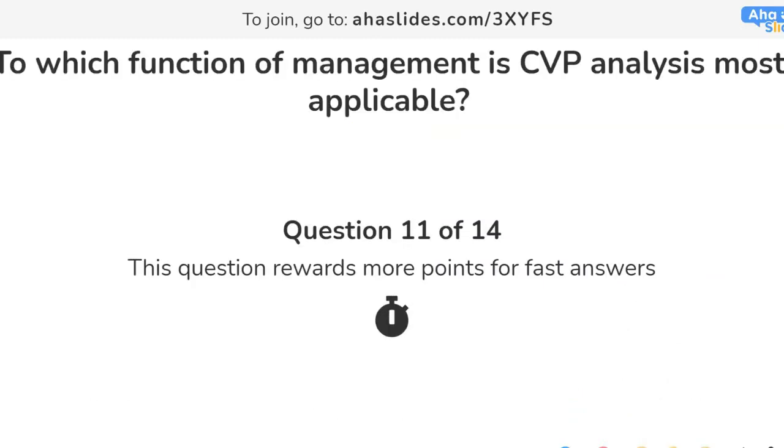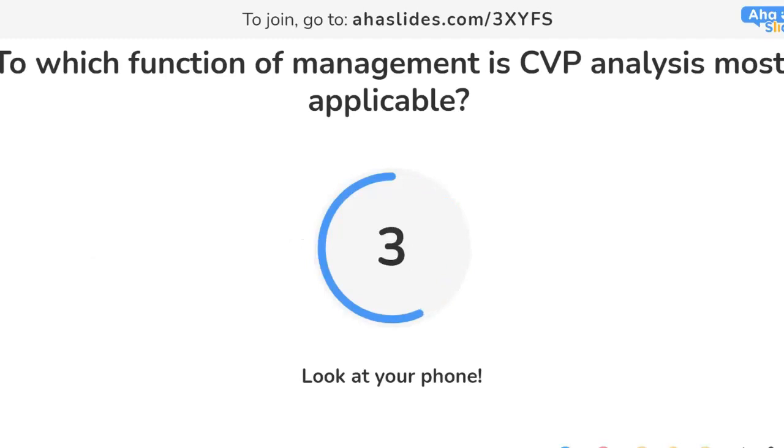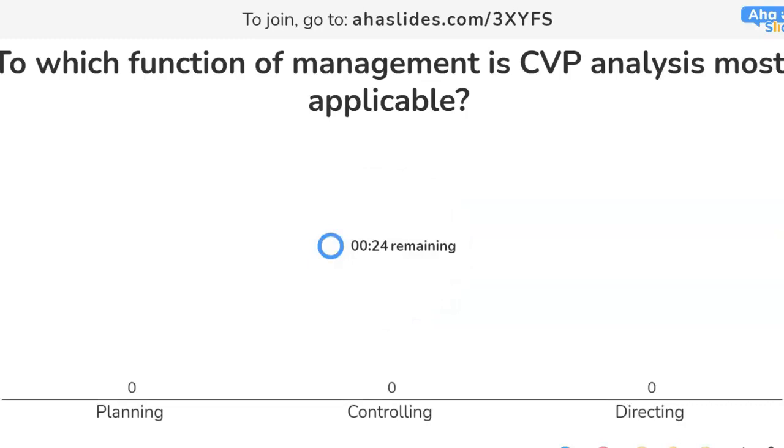We got 4 more. Okay, to which function of management is CVP analysis most applicable? Planning, controlling, or directing?